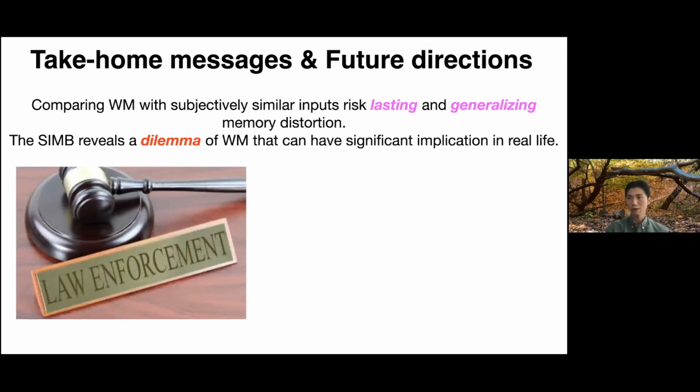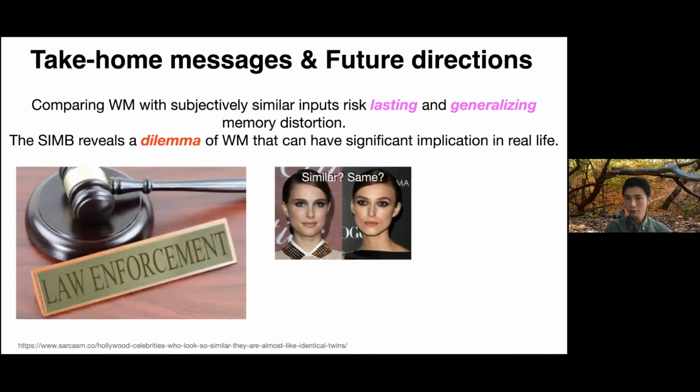For example, when you have to draw up the picture of a criminal, you often have to do lineups, right? To do the lineup, you need to compare the memory representation of the criminal to people who are standing in front of you. Another interesting line of work is to think about different kinds of outcome for this perceptual judgment.